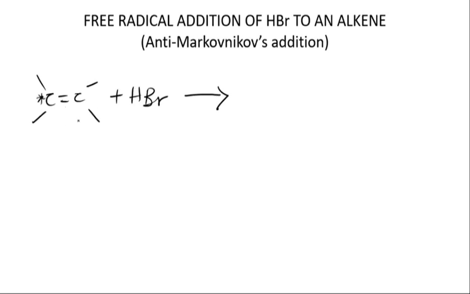The bromine, upon reacting with this alkene, will be attached to the more substituted carbon, which I'm marking with this. Then the hydrogen will be attached to the less substituted carbon, and then we have our product.